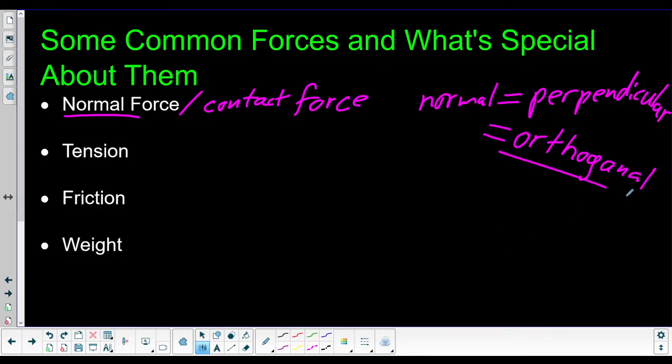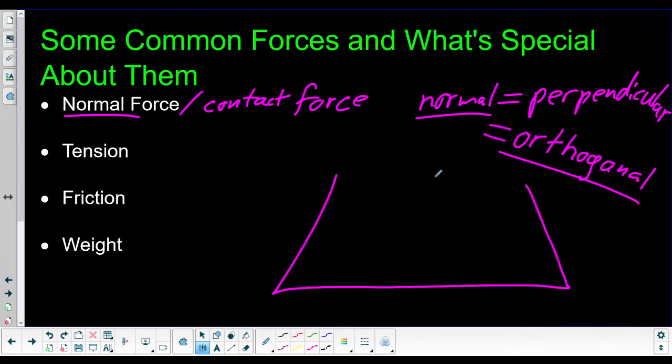That's probably not spelled right, but perpendicular, orthogonal, and normal all mean the same thing. When we use the word normal, this kind of has a certain connotation to it. If you have a piece of paper, so let's say here's your desk, right? And you've got a piece of paper sitting on your desk.